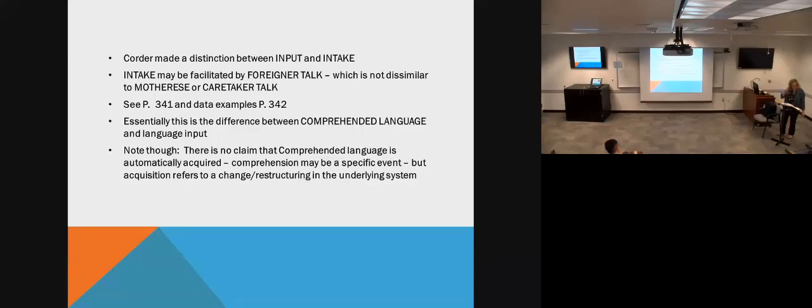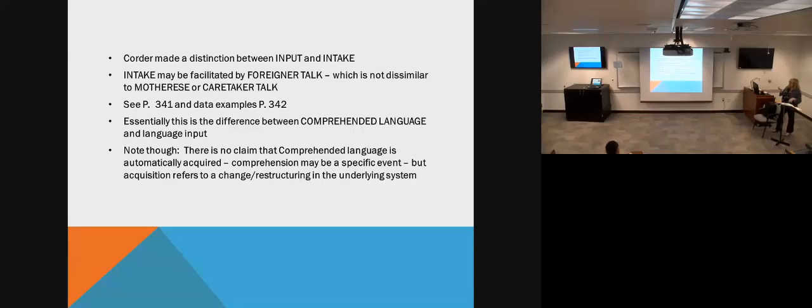Now it goes. So all these are very standard foreigner talk modifications. And the question is, do you think that it makes any difference? For Corder, this is the difference between language input and comprehended language, which is another way of saying language input and language intake.